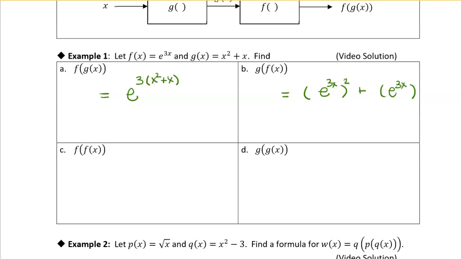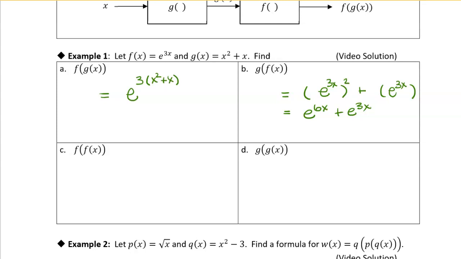Now you could just leave it like that, or we could combine these exponents if we want, and write e to the 6x plus e to the 3x. All right, so that's a composition of g of x with f of x.